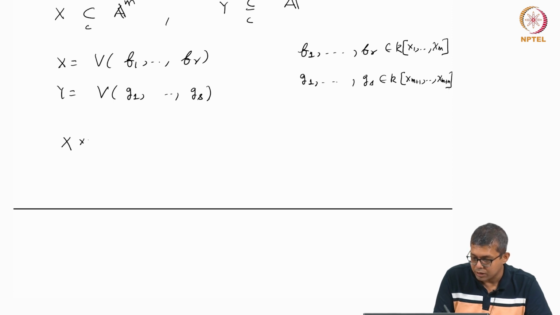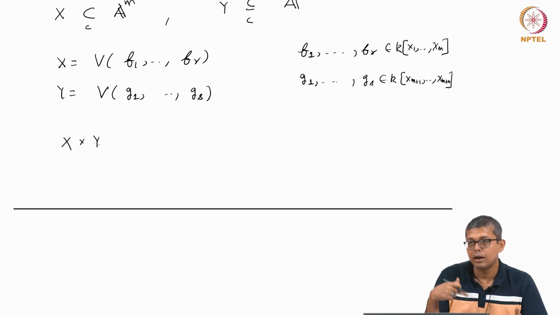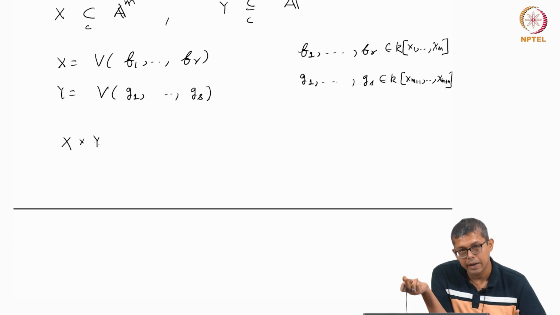So if you just take the product X cross Y, the product set always makes sense. Because now A^n cross A^m is identified with A^(n+m).